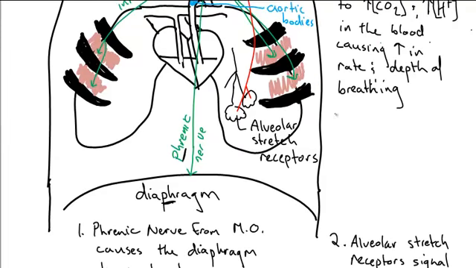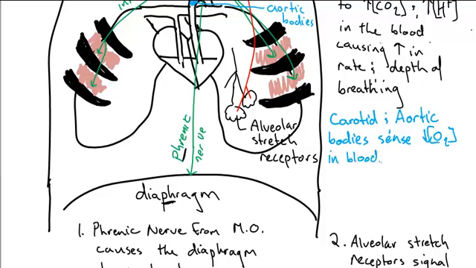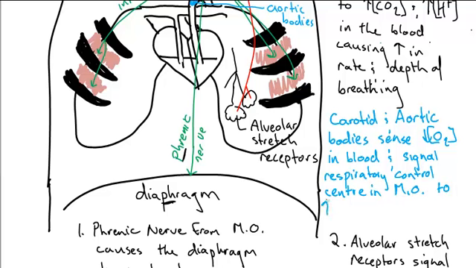Rather, the carotid and aortic bodies sense low O2 concentration in blood and signal the respiratory control center in your medulla oblongata, your MO, to increase rate and depth of breathing.